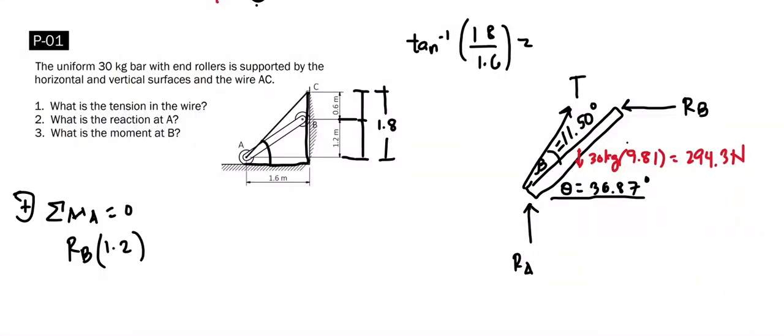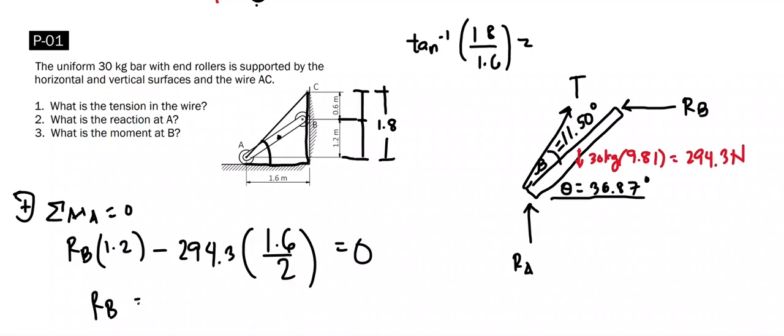Since it is going in the counterclockwise direction, it's positive. And then we have the force due to its own weight of 294.3 newtons that would induce a clockwise moment, so it's negative, times the moment arm distance of 1.6 divided by 2, since the centroid is located halfway between A and B, equal to 0.